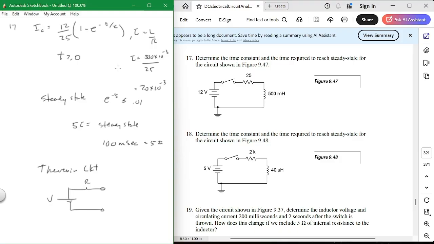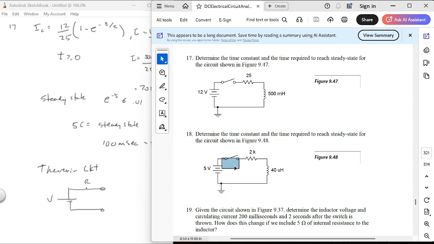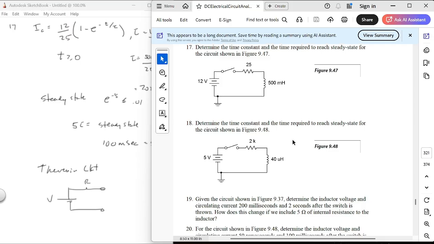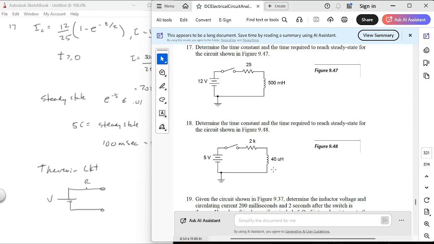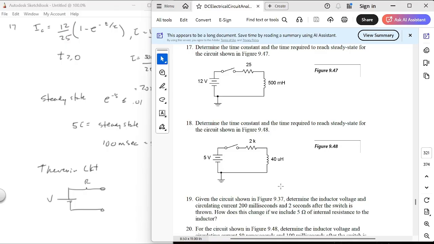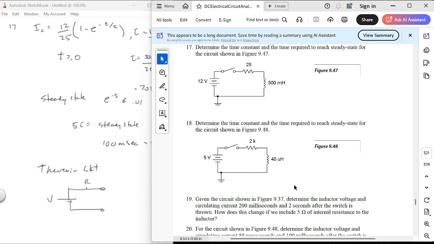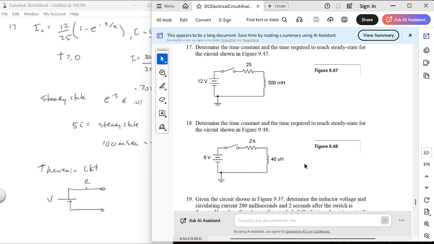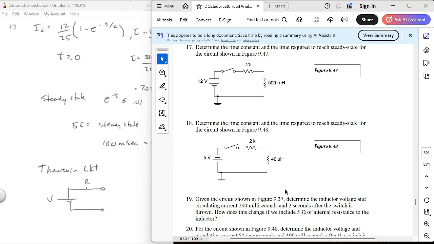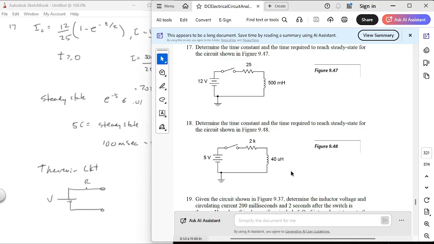Okay, that's that. Now, the second one, this 18 down here, asks the same question, but it's a little different. They ask about a time constant, a time required, and all that kind of stuff. Now, given a circuit, determine voltage, and so on. Here, this is a typo, because it should say 947.